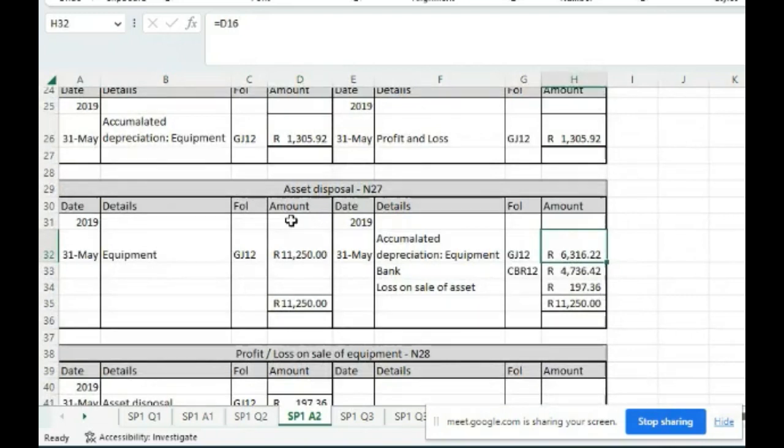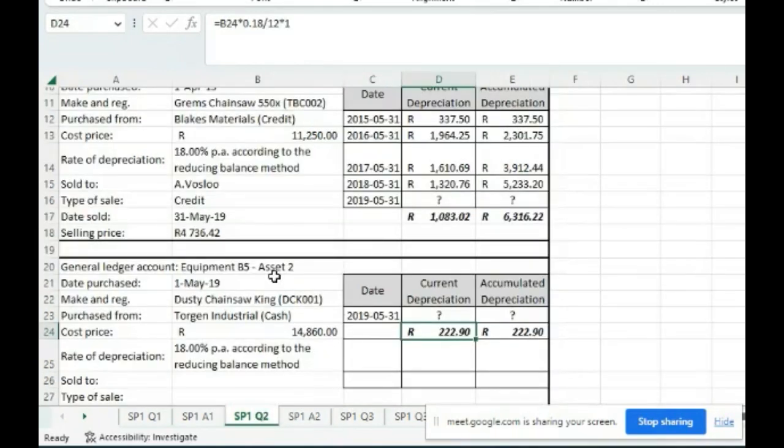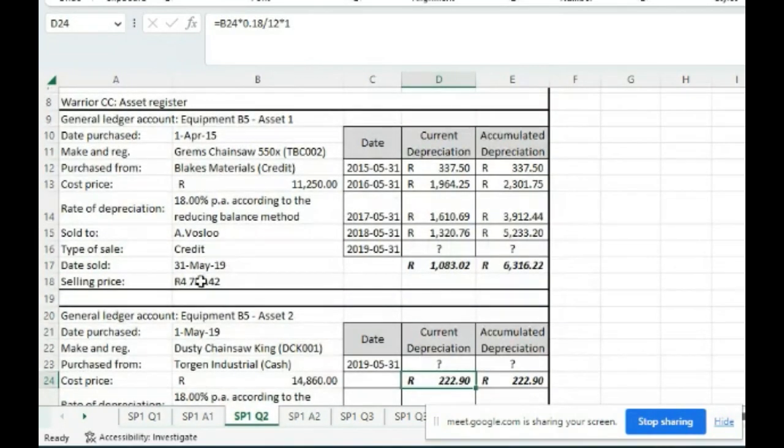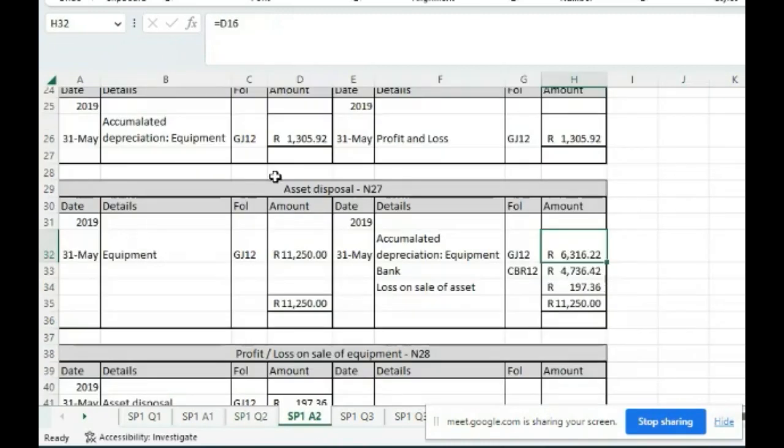But then when we sold that first chainsaw here, we sold it for 4,736. That is an amount that is going into our bank account, because we sold it. But now you will see that there is a little amount here that we don't know yet, and we can get it in two ways, and I've already calculated it actually.